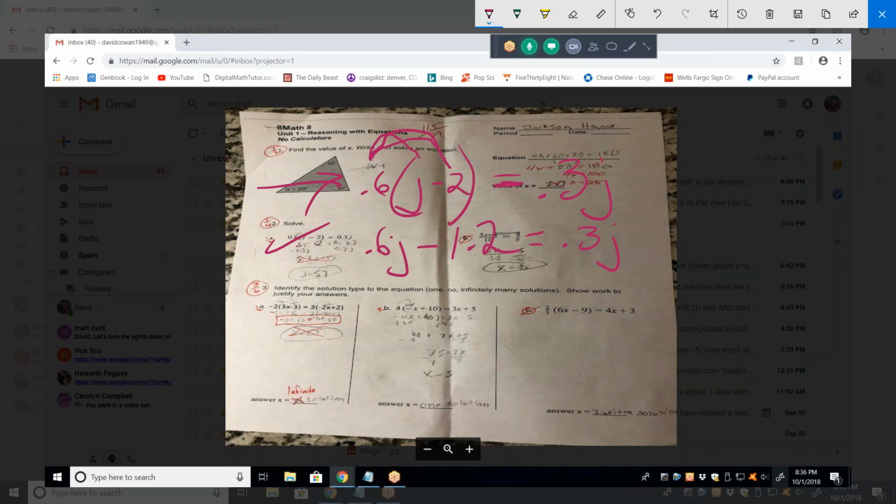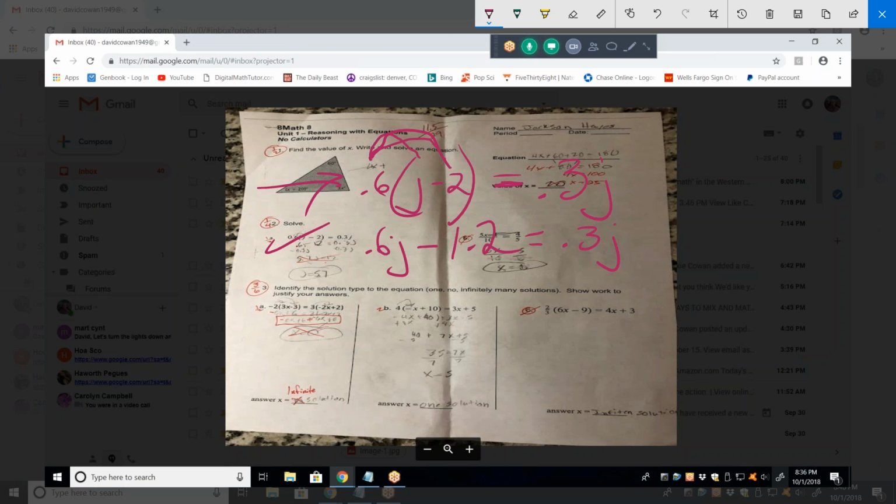Are we going to be better off with negative coefficients or positive coefficients? Positive. Yeah. So which side do I want to put the j's on? I want to put them on the left side, because 6 is the higher number.